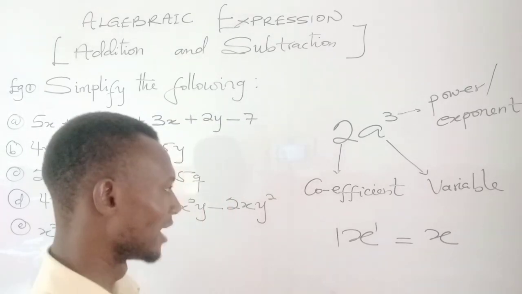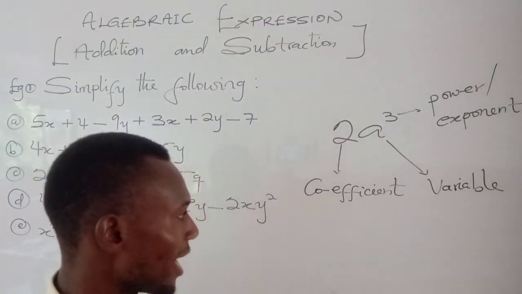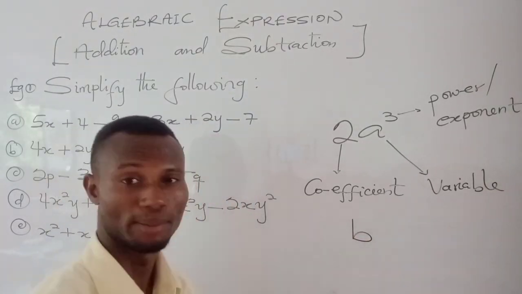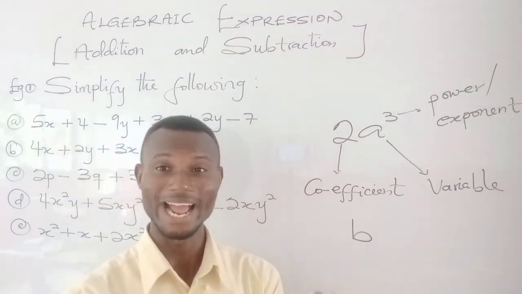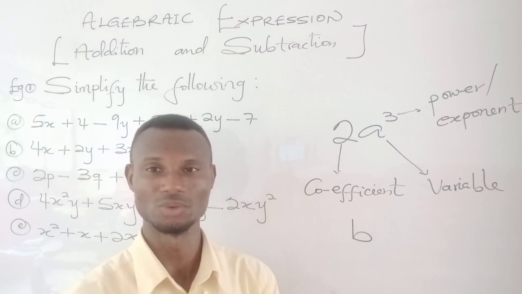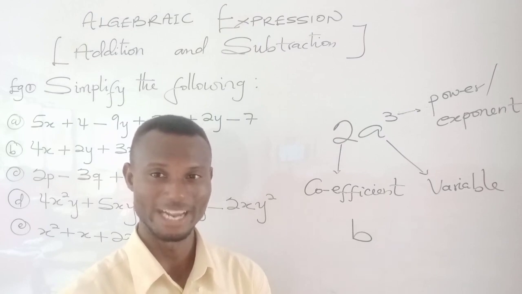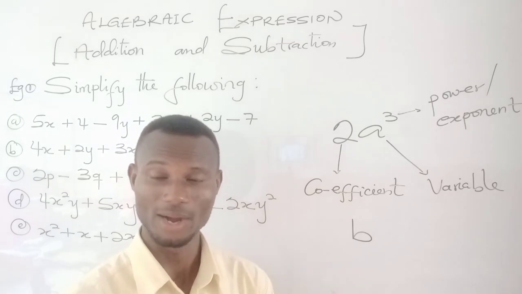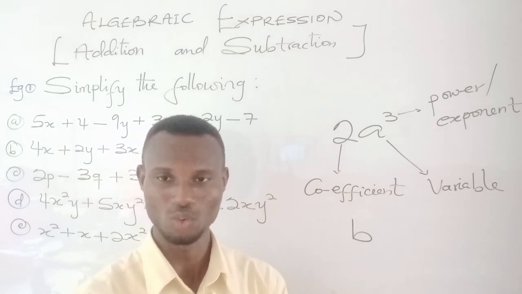Now let me clean this one and write another one on the board. Let's say I have only b on the board. And when I ask you of the coefficient, I hope you should be able to know the coefficient. The coefficient is 1. And when I ask you of the power also, the power is 1.